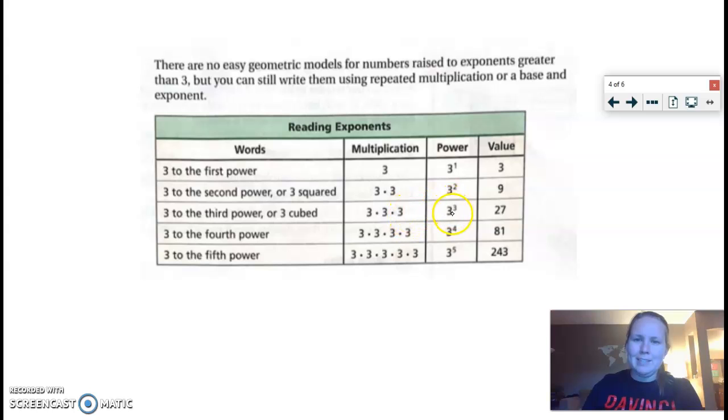There are 3 3s, so it's 3 to the third, or 3 cubed. There are 4 3s, so that's 3 to the 4th power. And there are 5 3s, so it's 3 to the 5th power. That's how we write it out, in word form, how you show it in multiplication, how you show it in power, and what the actual value is.